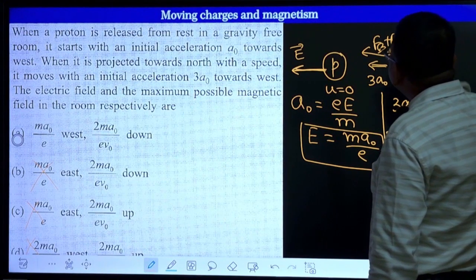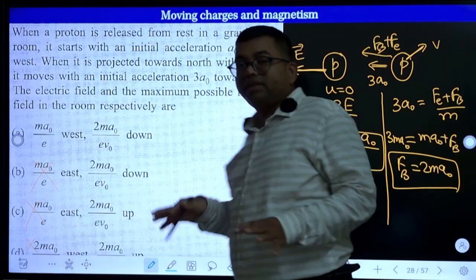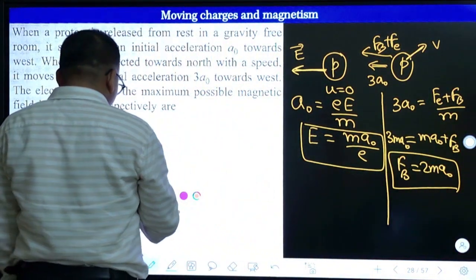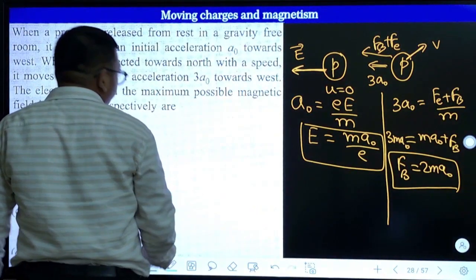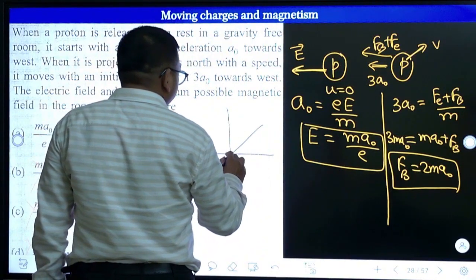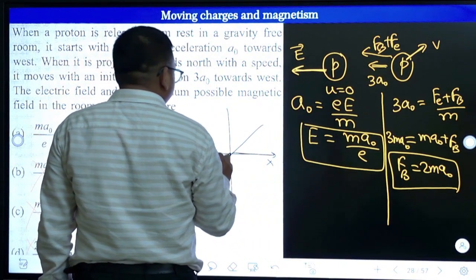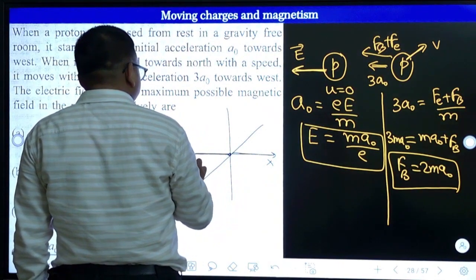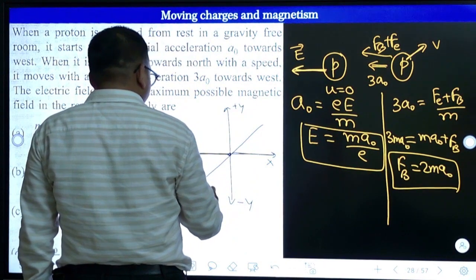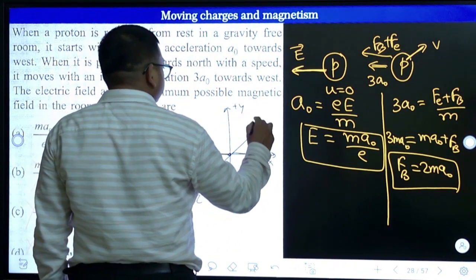So this direction is the upward direction and downward direction, that is a different direction. You have to properly understand direction. I'll give you the directions first. Suppose I draw the coordinate system: this is negative x-axis, this is positive y-axis, this is negative y-axis, this is positive z-axis, this is negative z-axis.